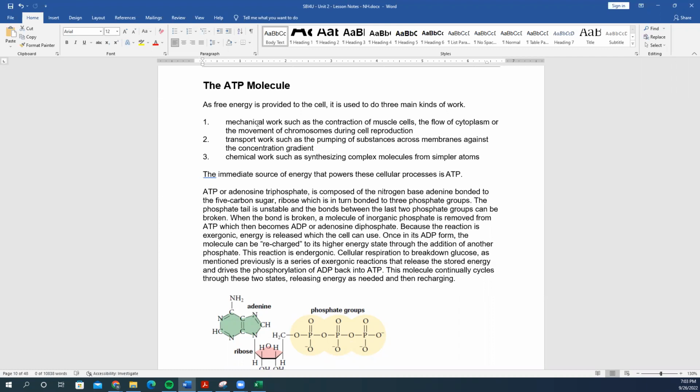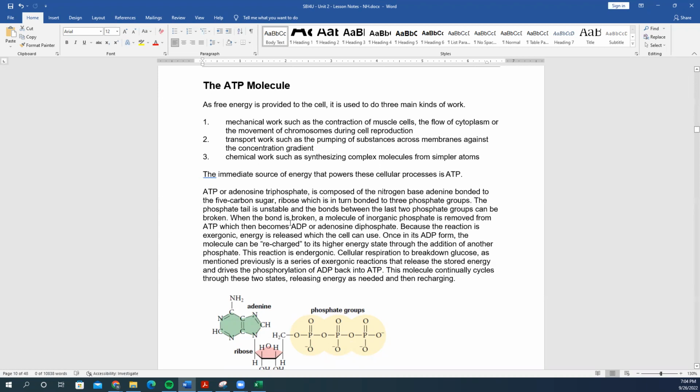But now if you want to move something across the membrane against the concentration gradient, so you want to take it from the side that there's not much of and keep on adding it to the side where you already have a lot, say you want to store this molecule and pack it into a storage vesicle, then that pumping requires an input of energy in the form of ATP.